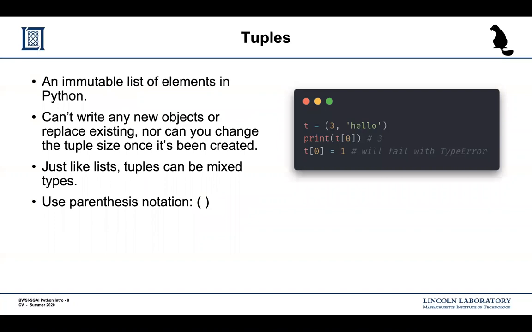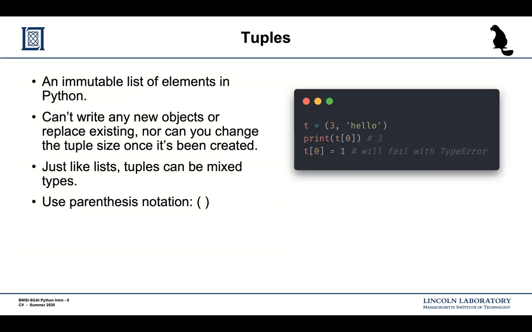Okay, and we'll briefly touch on tuples because it might be important in your apps too. A tuple is an immutable list of elements. You can't change the size. It's like a list or an array, but you can't change the size of it, and you can't write any new objects or replace any existing objects. It acts as a primitive in that kind of way.